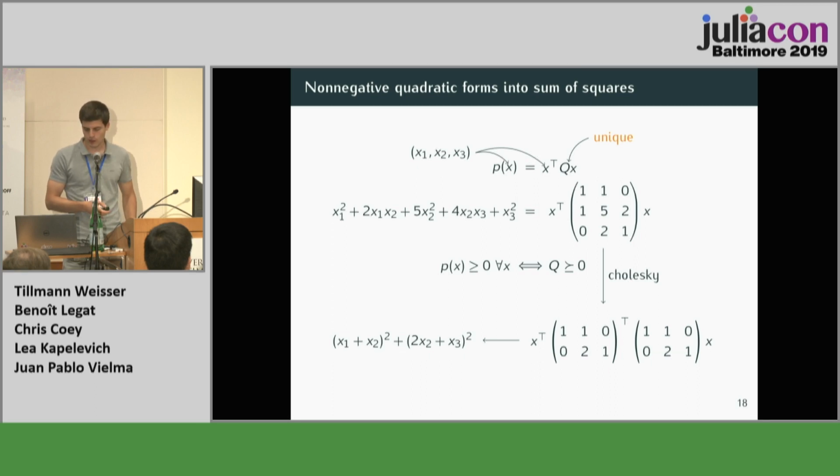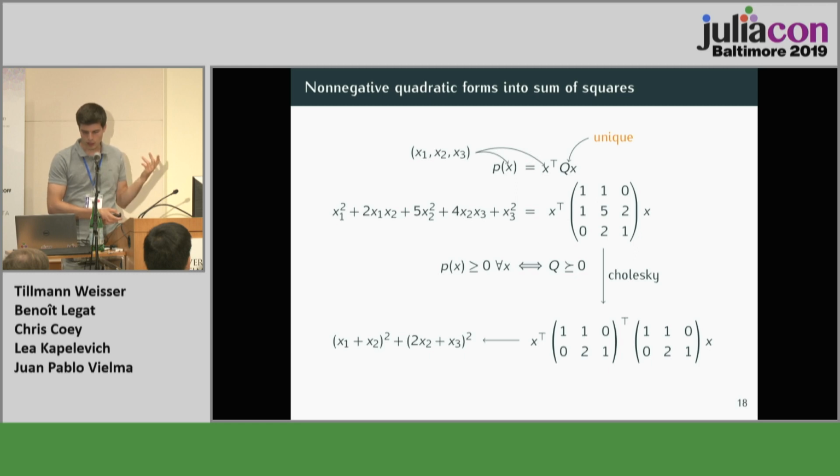And in fact, if it's positive semi-definite, you can compute the Cholesky decomposition of the matrix. From the Cholesky decomposition, you can actually get a sum of squares decomposition of the polynomial. Once you have that, you really have a certificate, independent of the solving you've done. You can just tell someone: I found this decomposition of the polynomial, so I just proved to you that it's non-negative.